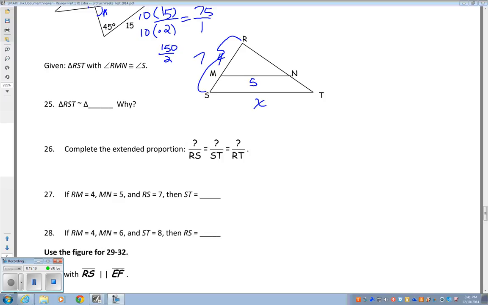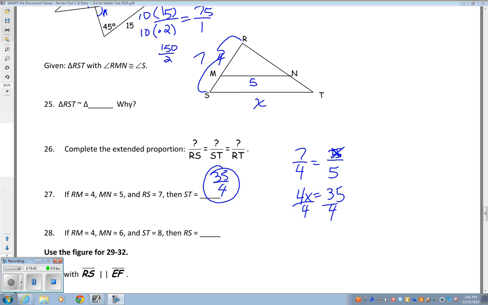We just have to compare the parts correctly. So you can say 7 is to 4 as x over 5. So 4x equals 35. And then you divide by 4. You can just keep it as 35 over 4. That is the reduced improper fraction. That's right, the answer you had was right.